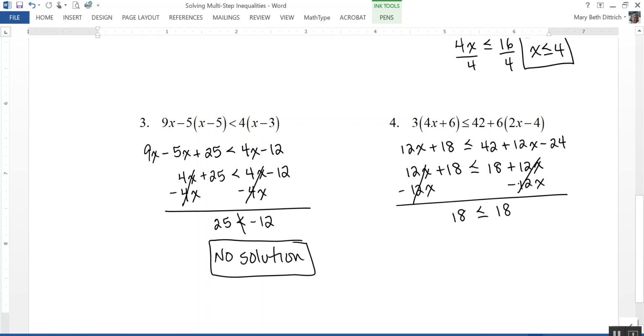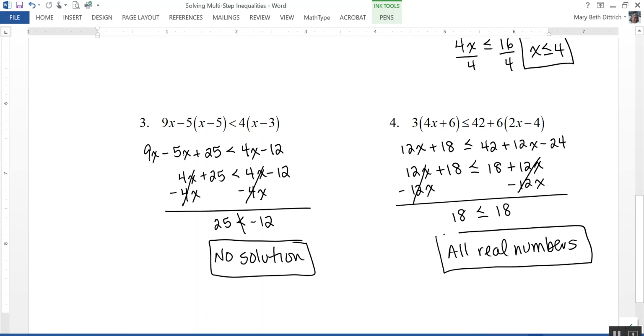Is 18 less than or equal to 18? Well, 18 is not less than 18, but 18 is equal to 18. So this is actually going to be true. So this means that I can put in any number for x and this inequality will be true. So this is an example of all real numbers. x can be any number, and that will make that inequality true.